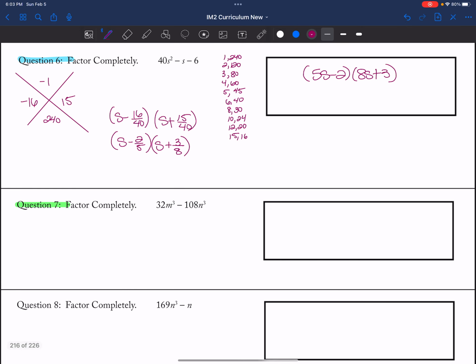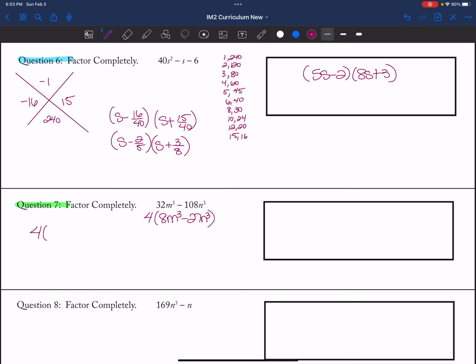Okay, and then 7, I can factor out a 4 to start off with. That leaves me 8m cubed minus, if I factor out a 4 out of 108, that's 27, so 27n cubed. Now it's going to factor as a difference of cubes.